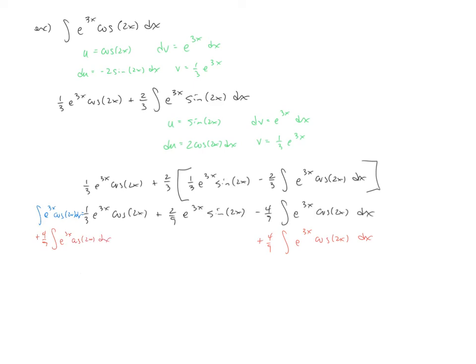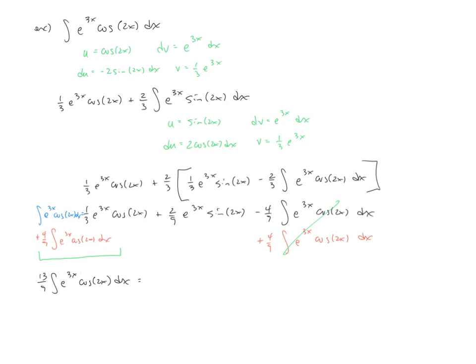All right, so on the right side, those go away. Over here on the left side, when I add 1 of these and 4/9 of these, when I add these going down, that's going to give me a 13/9 integral e to the 3x cosine 2x dx. And remember, that was still equal to all of this right here.